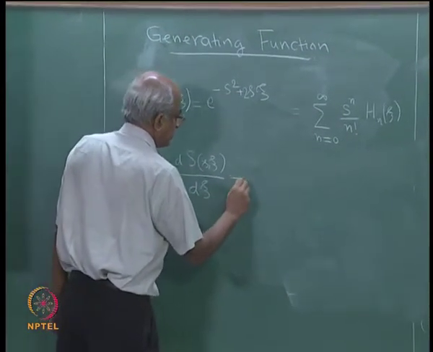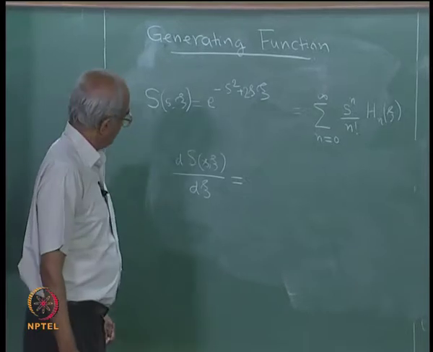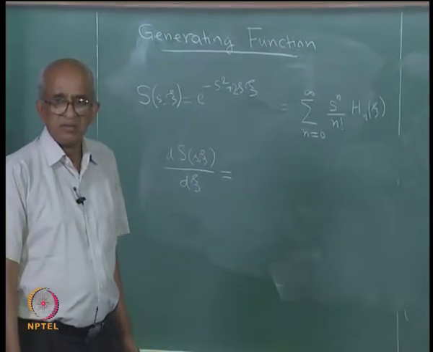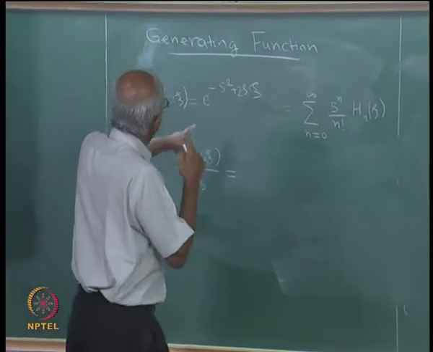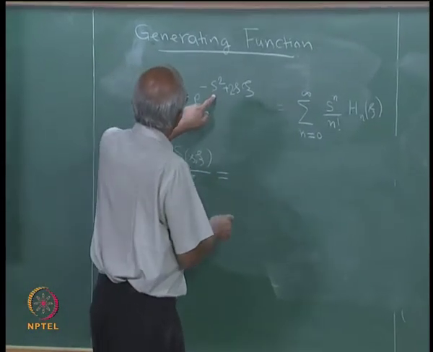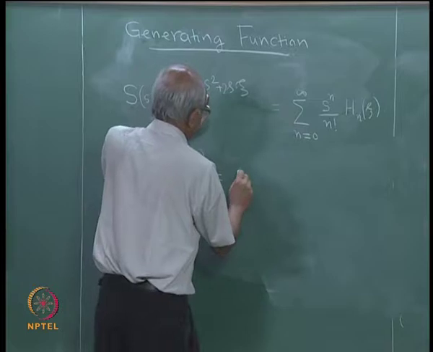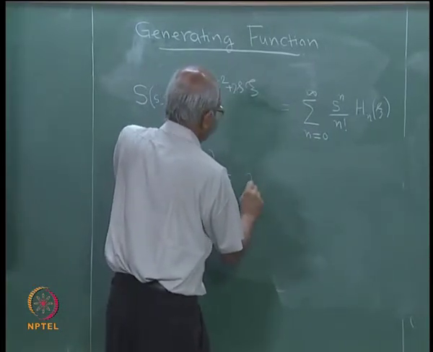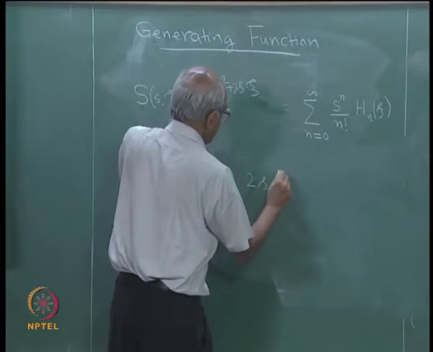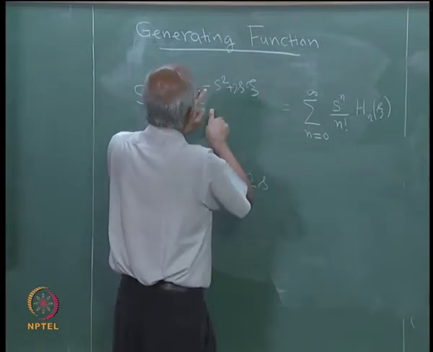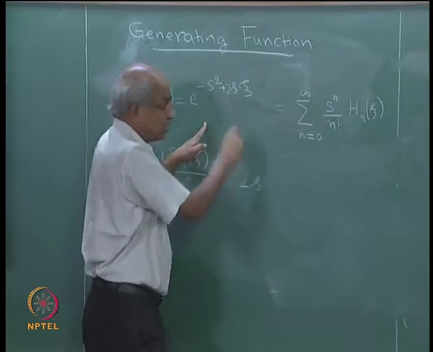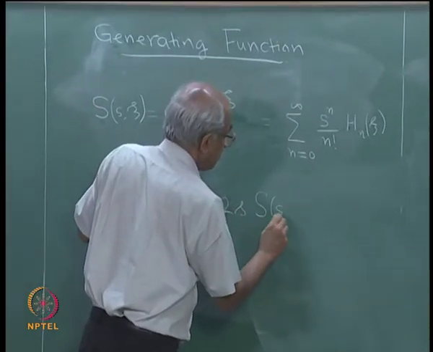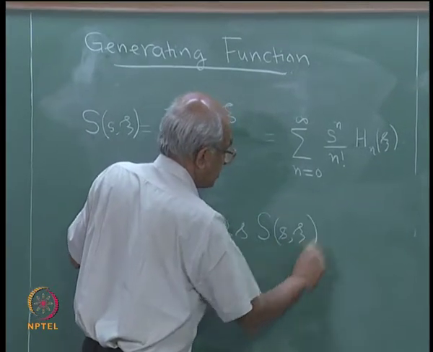What will be the answer? Well, here if you differentiate, the answer is going to be, sorry, there is no negative sign, it is going to be 2 times s times this object, and that is nothing but your s, correct.